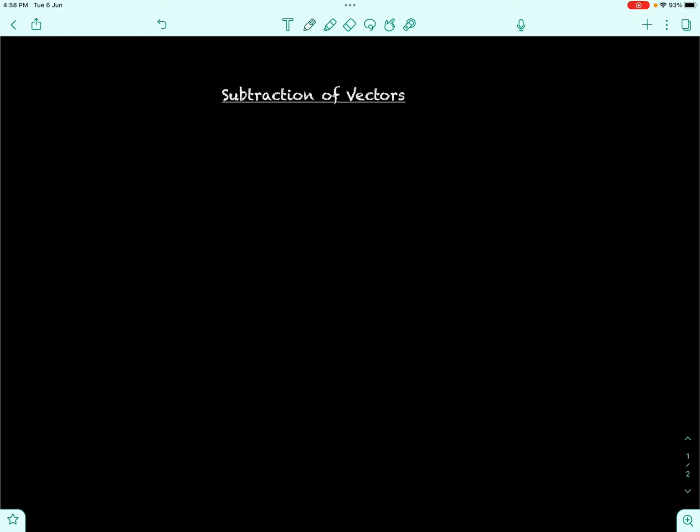So subtraction of vectors in theory should be taking the difference of one vector from the other. So for example, if I try to write vector A minus vector B, this is when we will be subtracting vector B from vector A, isn't it? Now see that mathematically this expression can also be written as vector A plus minus vector B, isn't it?